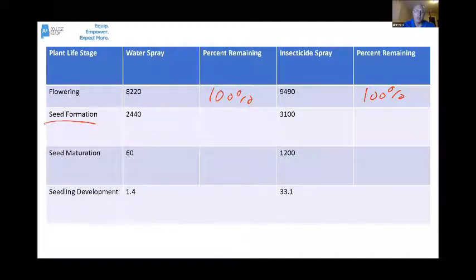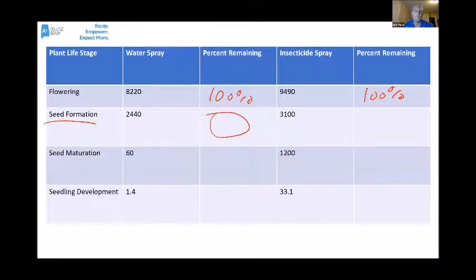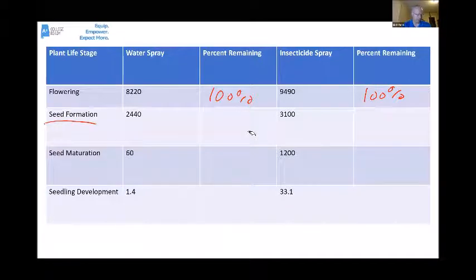So what are we going to do to fill in this spot right here? If we want to know the percent remaining from one life stage to the next, what do we do? You divide it from the total. Yeah, just go 2440 divided by 8220.